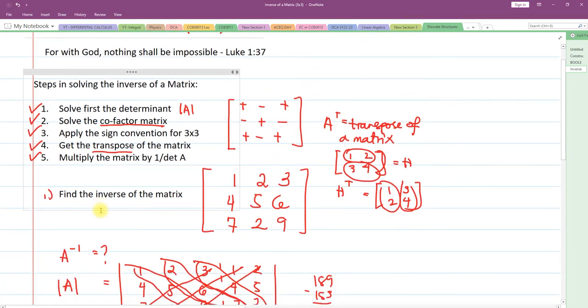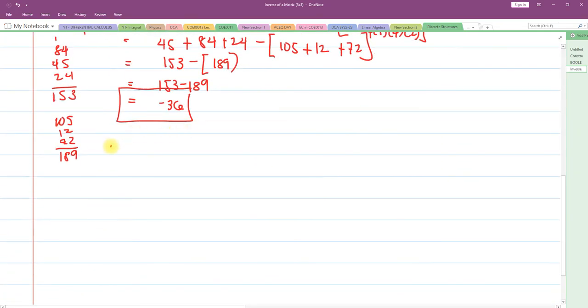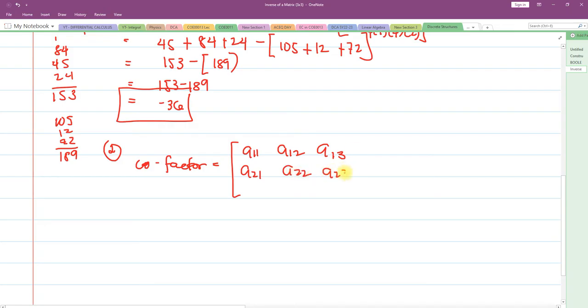Now, the second step is to solve for the cofactor of the matrix. The cofactor matrix of the 3 by 3 will be A11, A12, A13, A21, A22, A23, A31, A32, and A33.